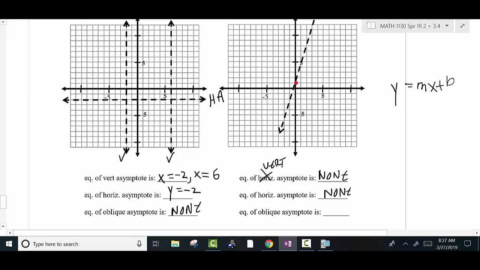It looks to me like the y-intercept is 1. For the slope, 1, 2, 3, I'm going to guess it's 3 over 1, up 3 over 1. So what you would get is y equals 3x plus 1. That's an example of an oblique asymptote.